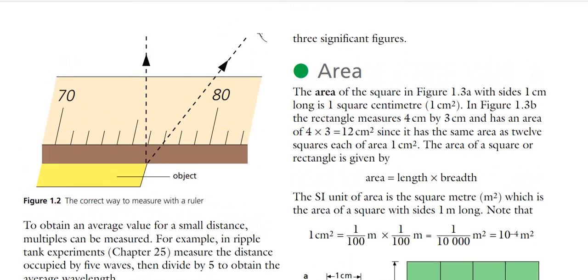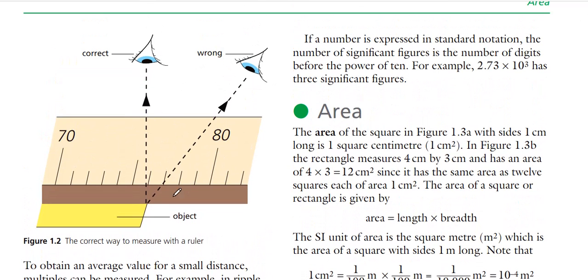Now, let's say you're using a ruler to measure how long something is, let's say a rectangle on your piece of paper. You have to see the ruler from a 90-degree angle, because if you see it from here, there's a difference.